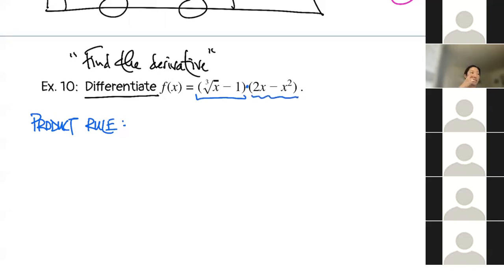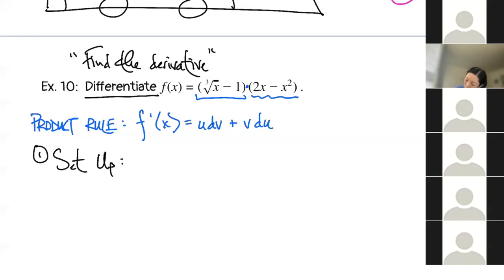And as soon as you see that, I want us to think product rule. And because this is our first example, let's write that out again. F prime of x will equal u dv plus v du, all right? And what we're going to do first is we're going to set up for our product rule, okay?